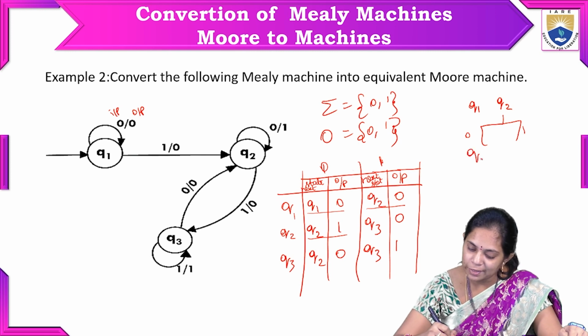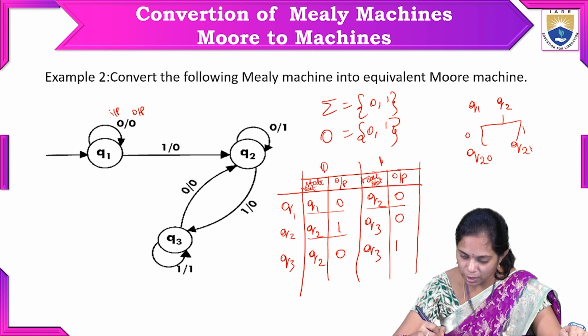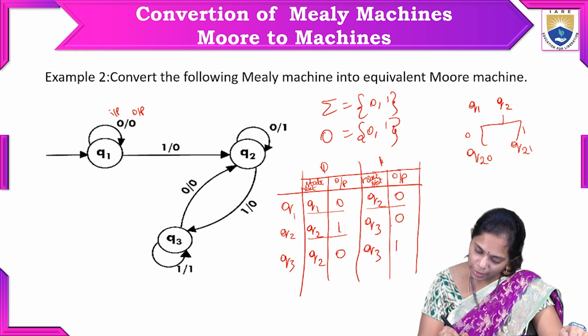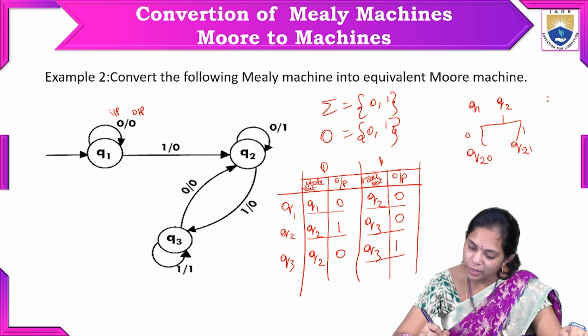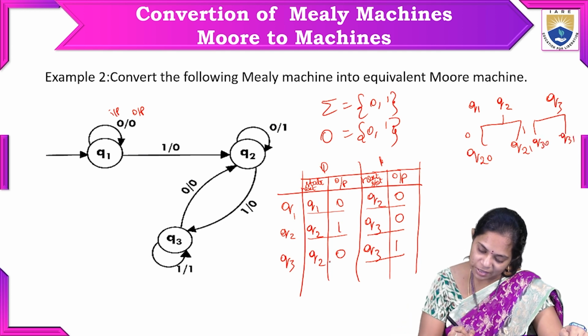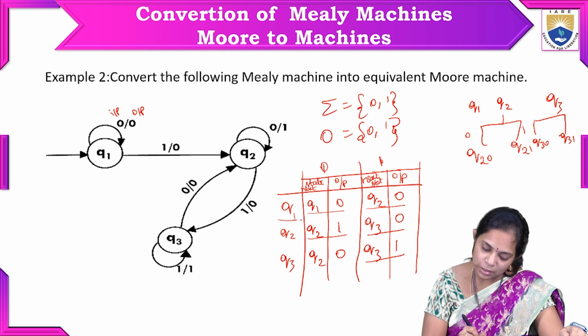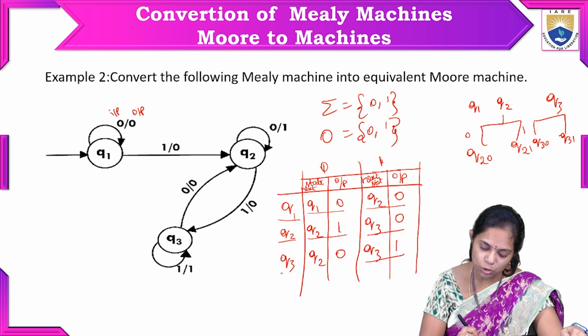For Q3 also we have two outputs, so we divide Q3 into two states, Q3 0 and Q3 1. No more states are there. So Q1 we place as it is, and the two states have to be split.